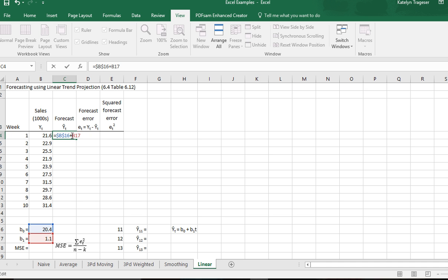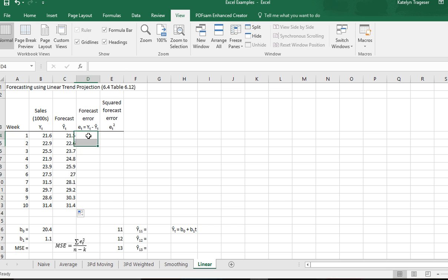Again, we want this to be absolute, but our slope is multiplied by our time, our week. Remember, this is basically the y equals mx plus b equation. M is our slope, x is our week, and b is our y-intercept. Okay. So we can go ahead and drag this formula down.